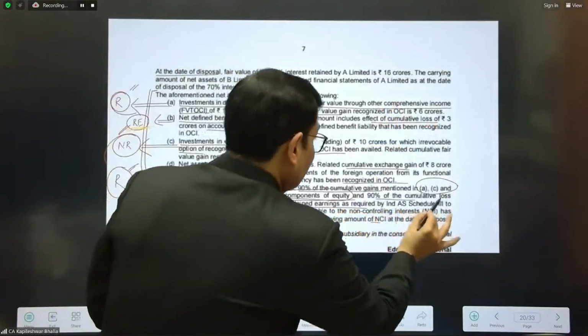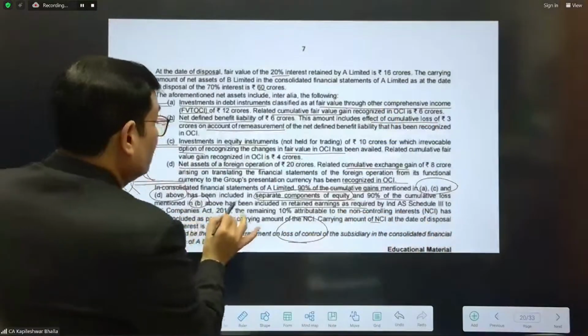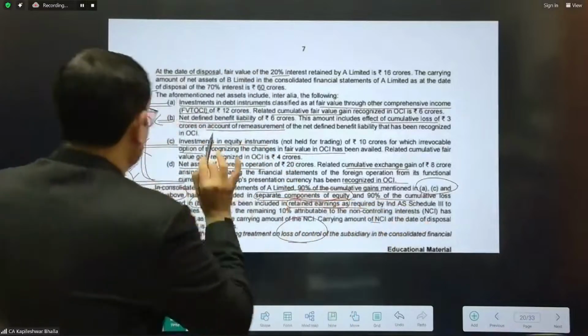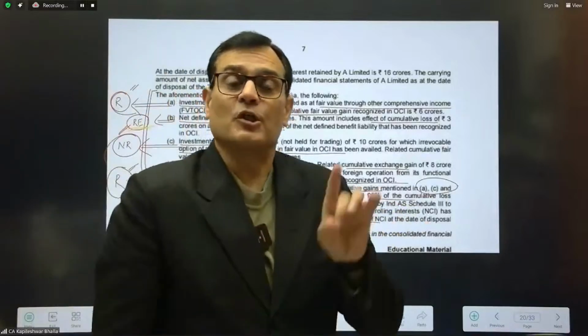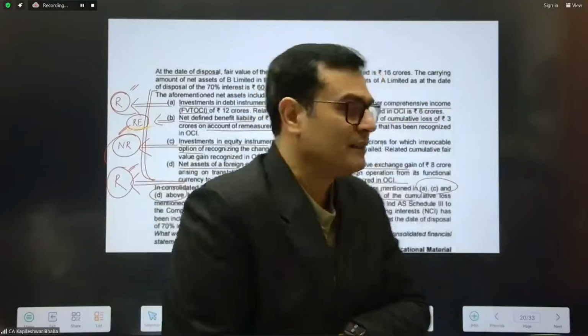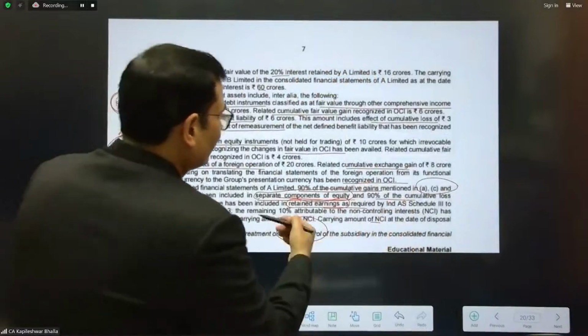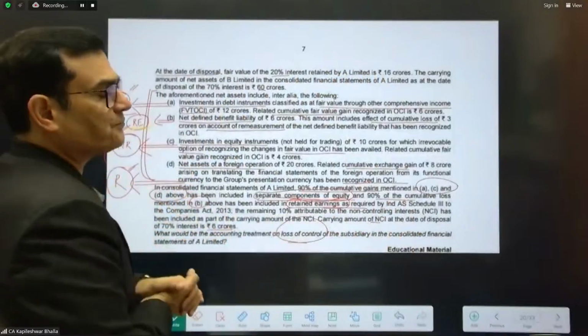And then it says 90% of the cumulative loss in B is included in the retained earnings as required by Schedule 3. So point number B, Ind AS 19, is a part of the retained earnings. So he says A, C and D are in tab 3 and B is in tab 2 RE. Even if this was not given, we should know this. And that's what is given.